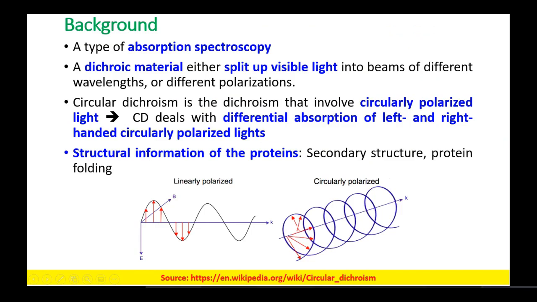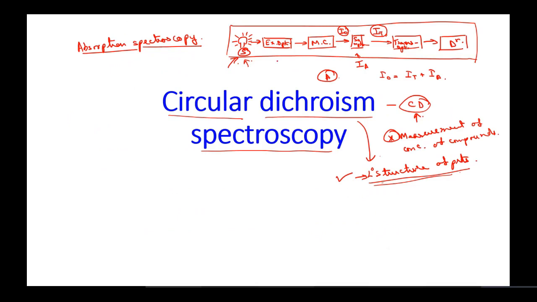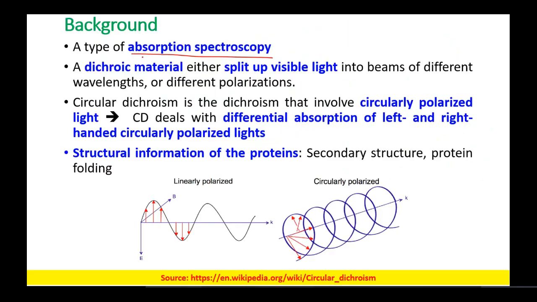Now, background. As I told you, it is basically an absorption spectroscopy. In the second case, we have this word dichroism. So what is dichroism? A dichroic material is a material that can split up visible light into beams of different wavelengths or different polarizations.